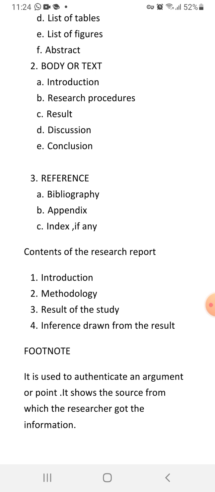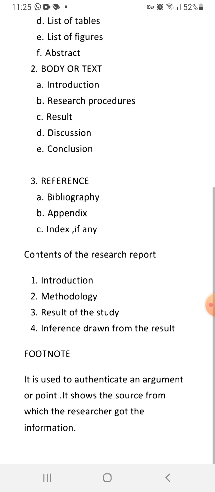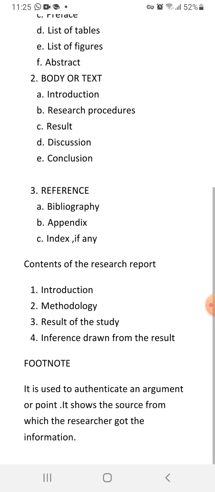Methodology includes various statistical methods, sample size, sampling methods, then various inferential and descriptive statistics used for analyzing and interpreting the data.